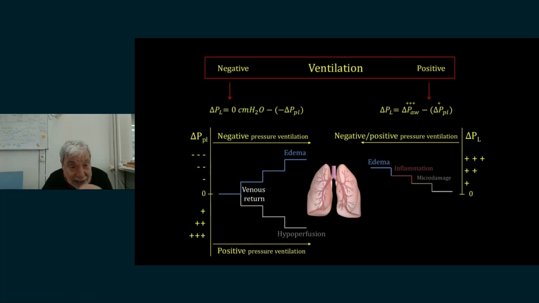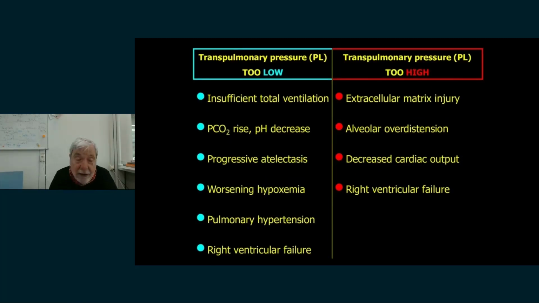And this is the big difference between spontaneous and mechanical breathing. If transpulmonary pressure is too low, I don't want to waste time, but of course there are PCO2, atelectasis, worsening hypoxemia, hypertension, failure of the right ventricle. But if transpulmonary pressure is too high, I have other problems, which are injury to the extracellular matrix, overdistension, etc.